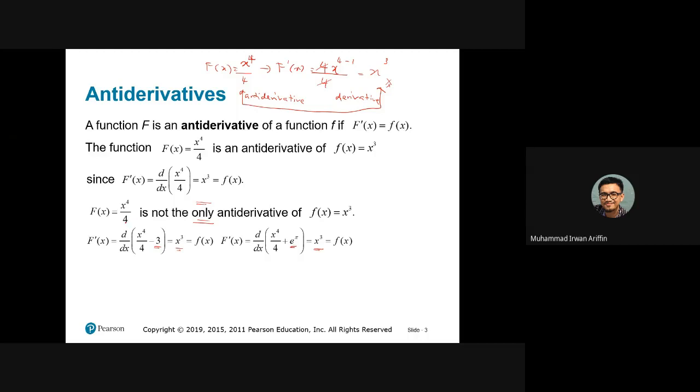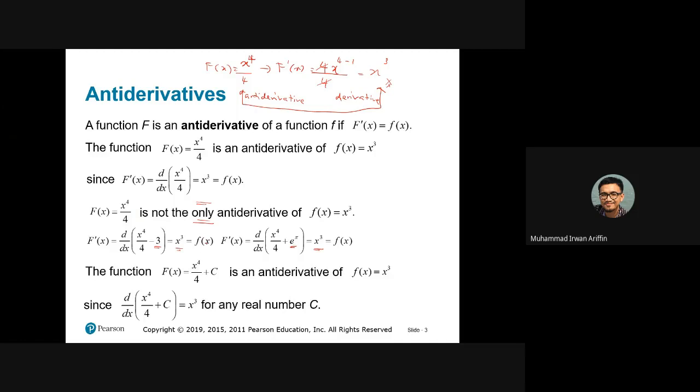So x to the power of 4 over 4 is not the only antiderivative. We can generalize this result, because it can be any constant. It can be minus 3, plus 1, plus 1 billion, or plus e to the power of pi.